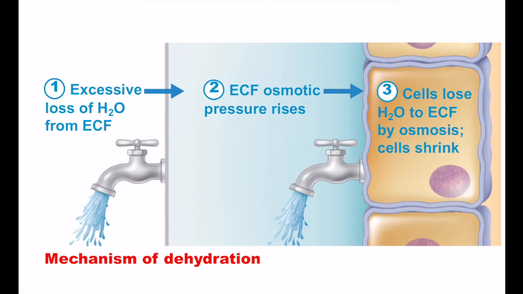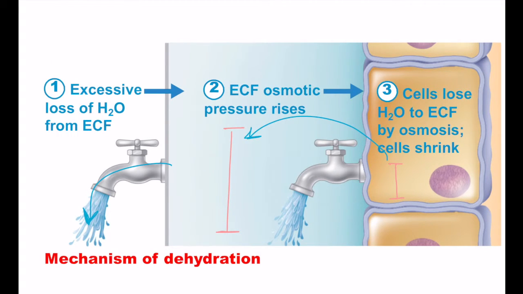So you see on here what's going to happen to the cells in case of dehydration. If in case of dehydration I'm losing water more than getting, water is going to be lost outside of the extracellular fluid compartment. If you lose water from the extracellular fluid compartment, this increases the concentration of solids in your extracellular fluid compared to your intracellular fluid compartment.